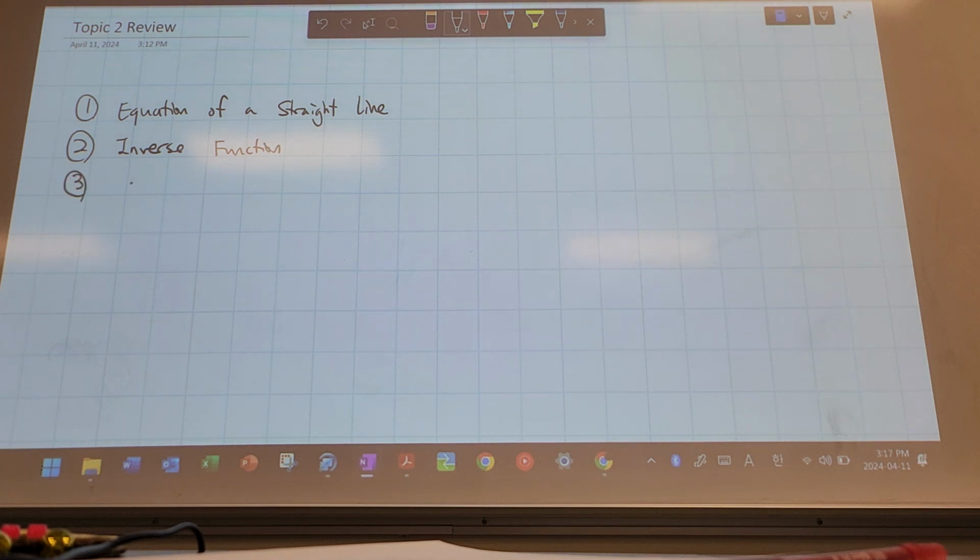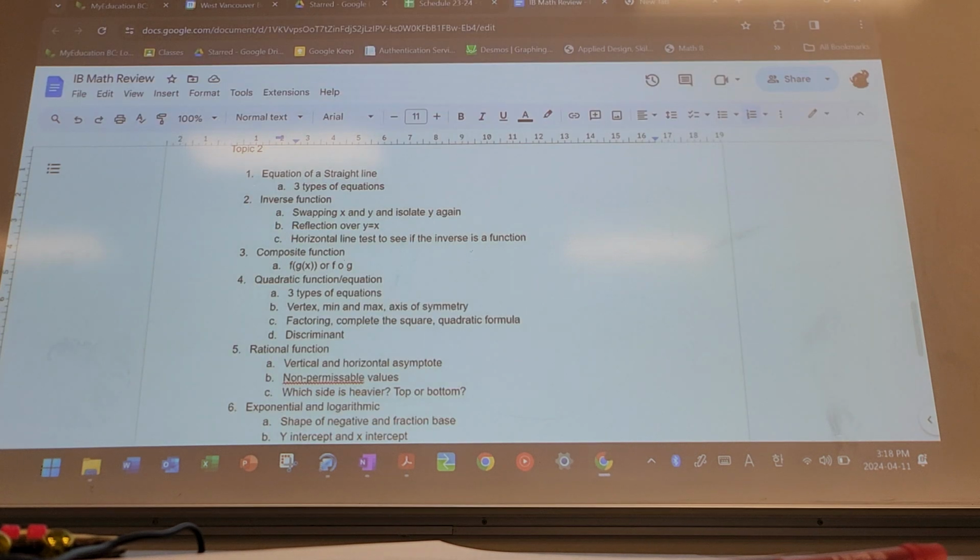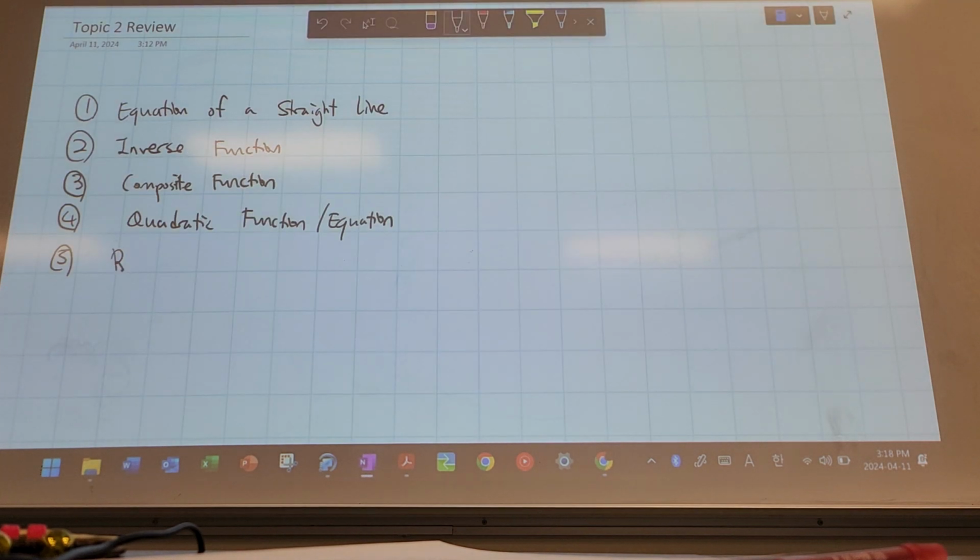Also the composite function, as well as the quadratic function and equation. Also we have the inequality, I think. Rational function. As well as exponential and logarithmic function.